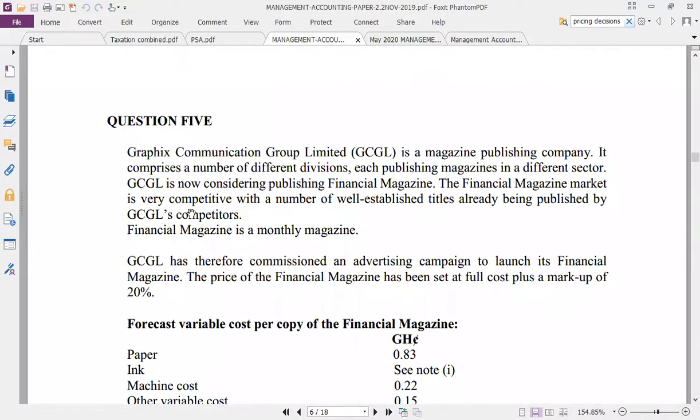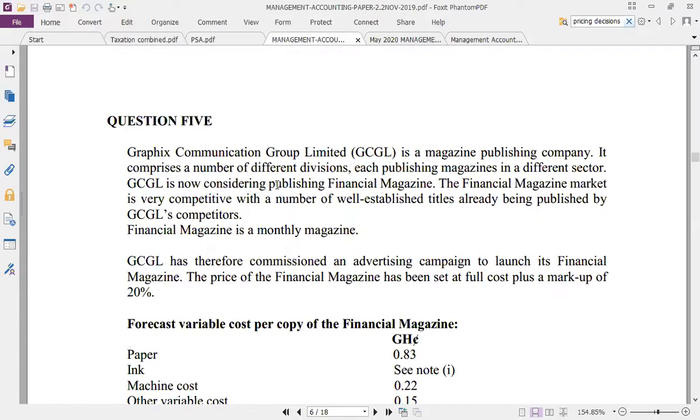Okay, let's see. Graphics Communication Group Limited, GCGL, is a magazine publishing company. It's comprised of a number of different divisions, each publishing magazines in a different sector. The company is now considering publishing a financial magazine. The financial magazine market is very competitive, with a number of well-established titles already being published by the company's competitors. The financial magazine is a monthly magazine.